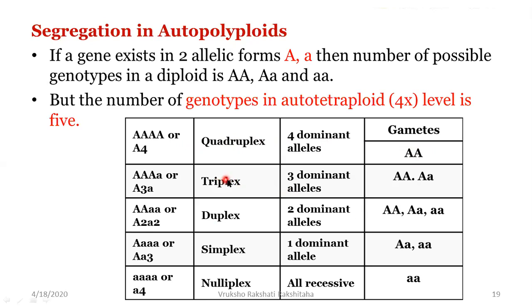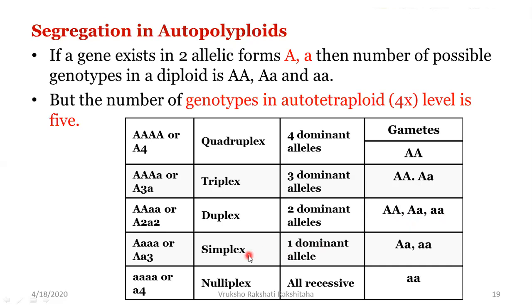In triplex, two types of gametes are produced: one which is homozygous with capital A, and the other heterozygous with capital A and small a. Now, in case of duplex, you can see that there are three different types of gametes: homozygous capital A, homozygous small a, and heterozygous, that is, one capital A and one small a.